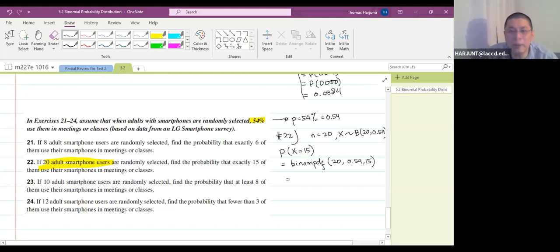So we have learned how to come from the probability notation to the calculator notation to the solution. What we learn from this question is to move from the word problem to the probability notation. That's what we learn at this point.